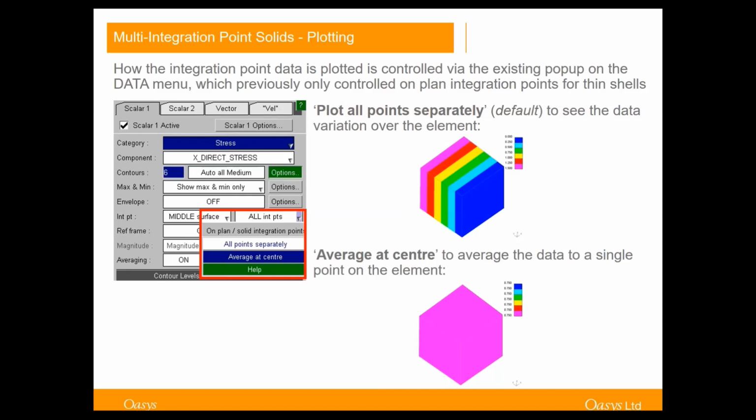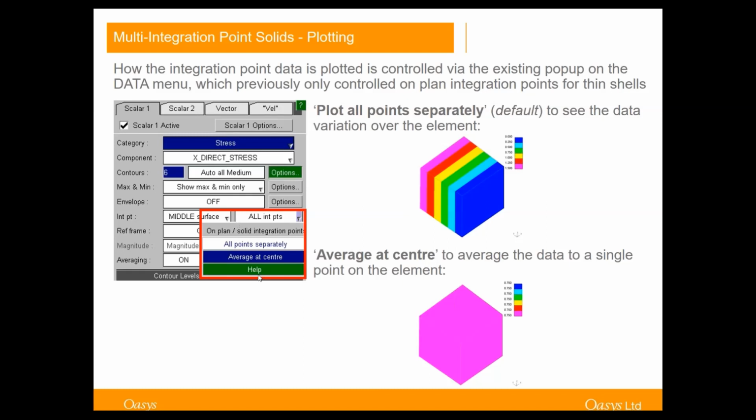So the plotting of integration point data for solid elements is controlled with the existing pop-up on the data menu. So that's this pop-up here next to integration point, which was previously only for setting how on-plan integration points were dealt with.